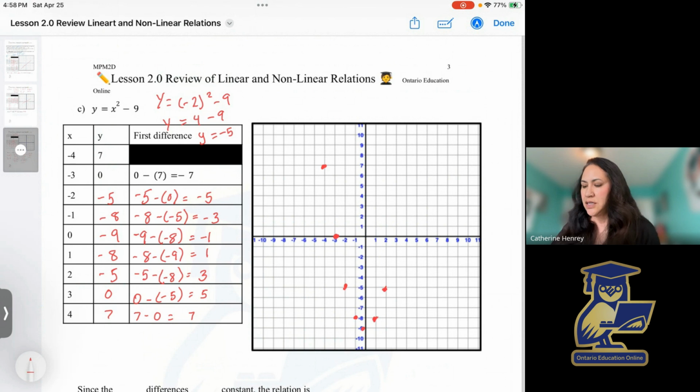And so we start to see this different kind of shape. 3, 0, and then 4, 7. And we can see that a line is not going to fit these points. So I'm going to try to draw a smooth curve.